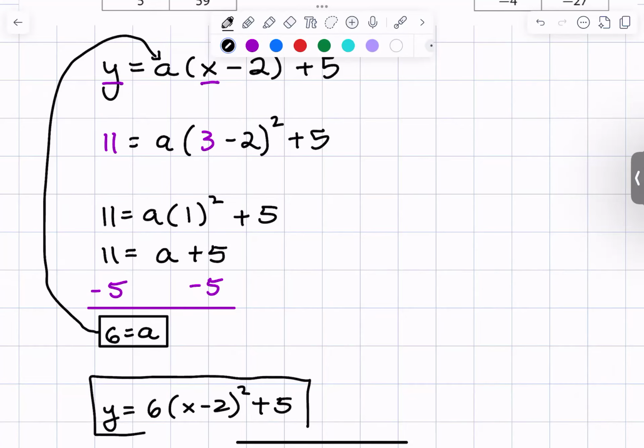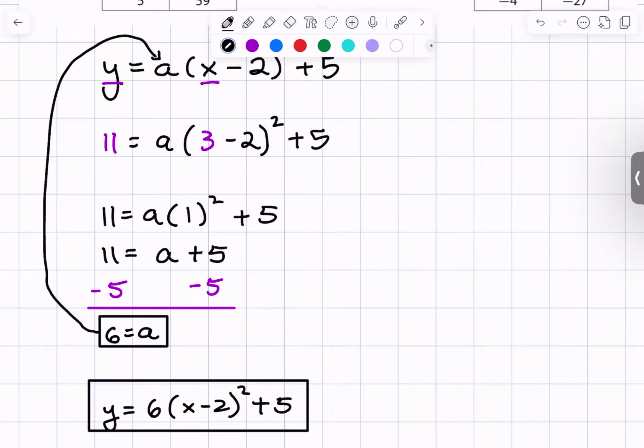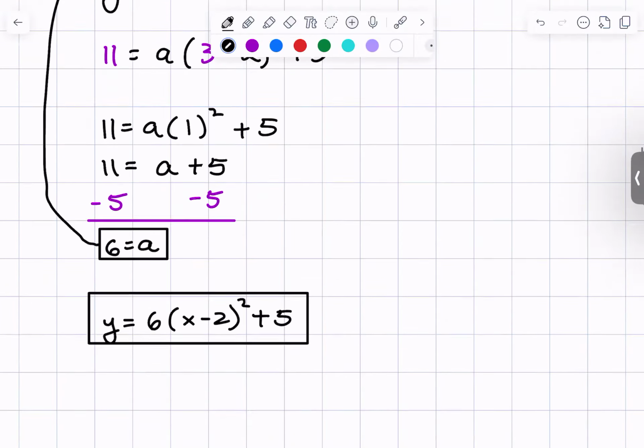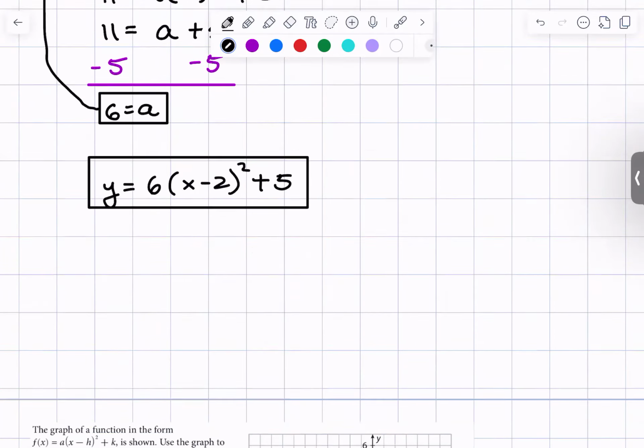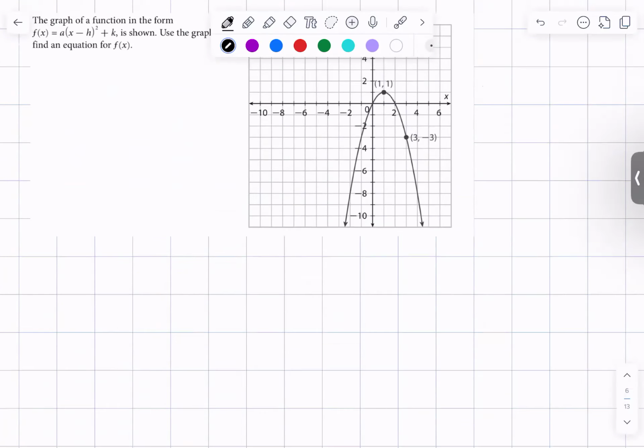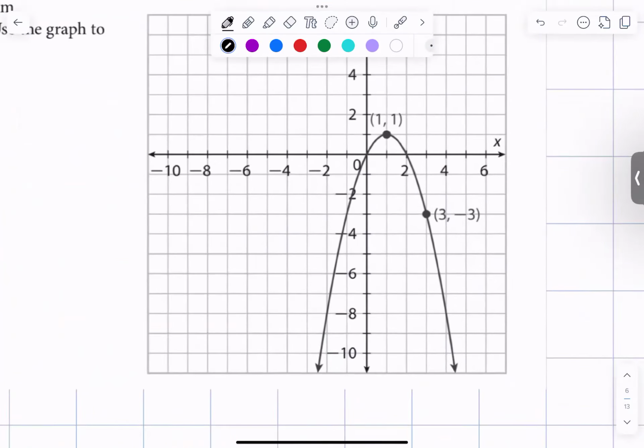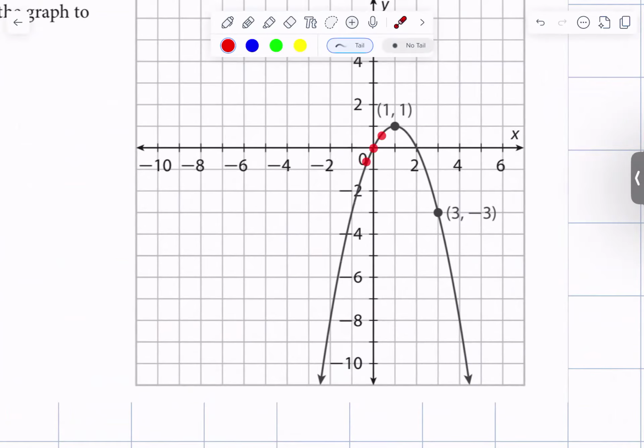Now I have my points. And the reason why I don't have any values for x and y, and they're labeled y equals and x minus 2, is because going back to my graph, I have an infinite amount of x comma y's, right? This can be x comma y, this can be x comma y. All of these points can be x comma y.